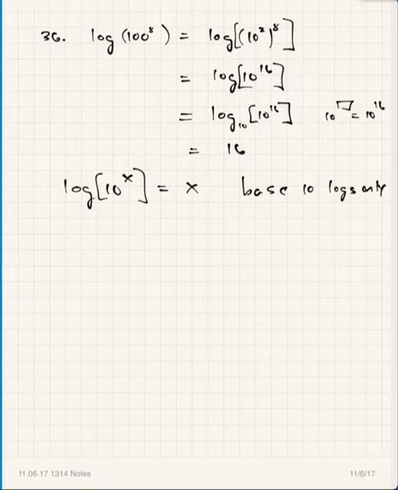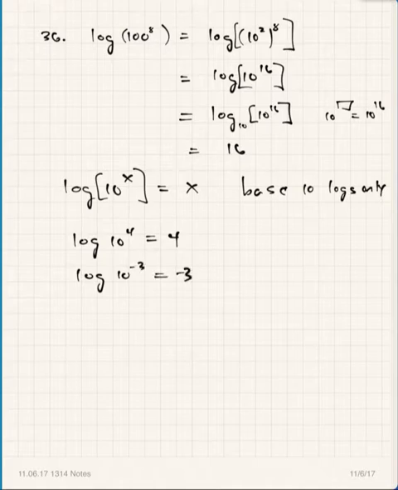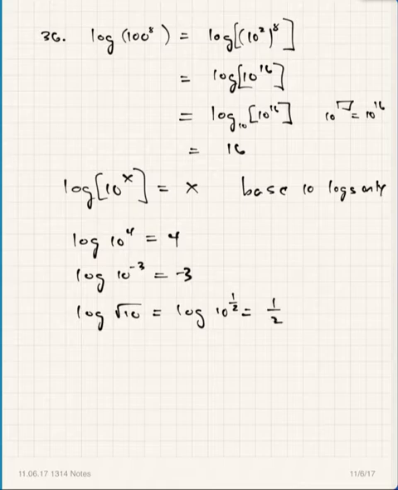So for example, log of 10 to the 4th power is going to be equal to 4. Log of 10 to the negative 3rd power is equal to negative 3. Log of the square root of 10 would be the log of 10 to the 1/2 power. That would be 1/2. That's a nice property to know right there, that log of 10 to the x is always going to be equal to x.